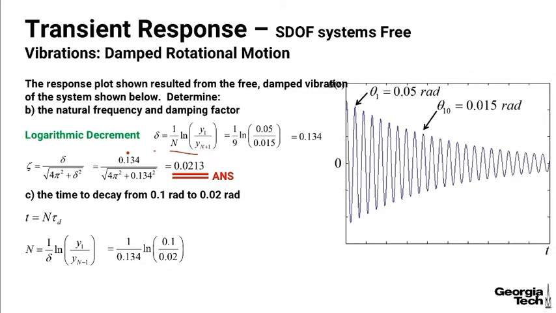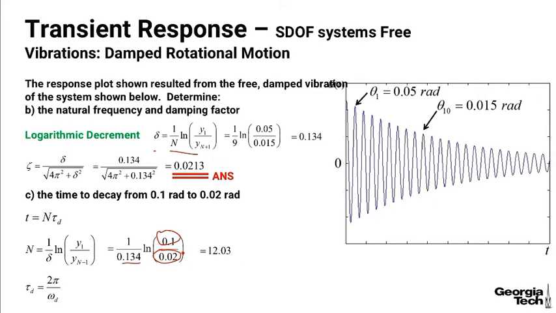In this case, I know what delta is. I'm going from an amplitude of 0.1 to 0.02, and so that becomes n of 12.03 cycles. So roughly 12 cycles to decay from 0.1 radians to 0.02 radians.